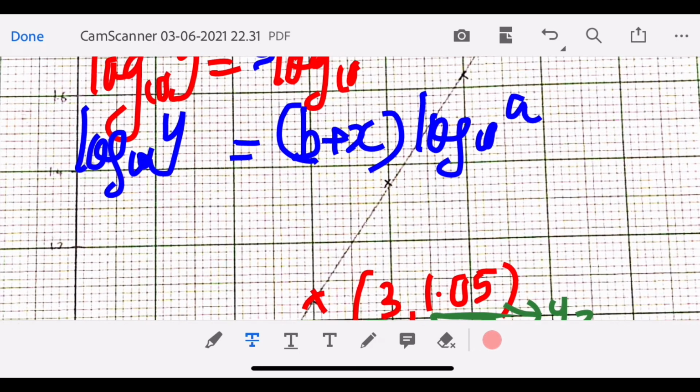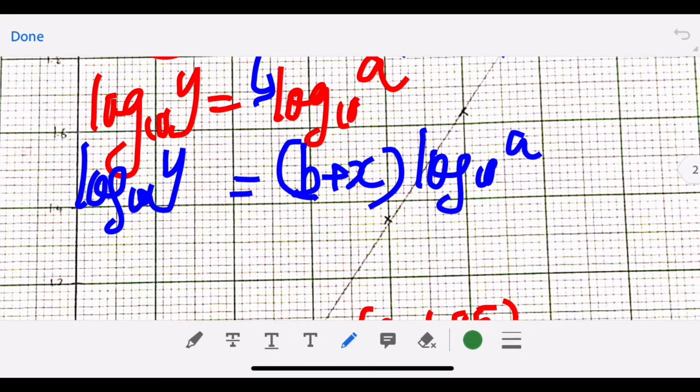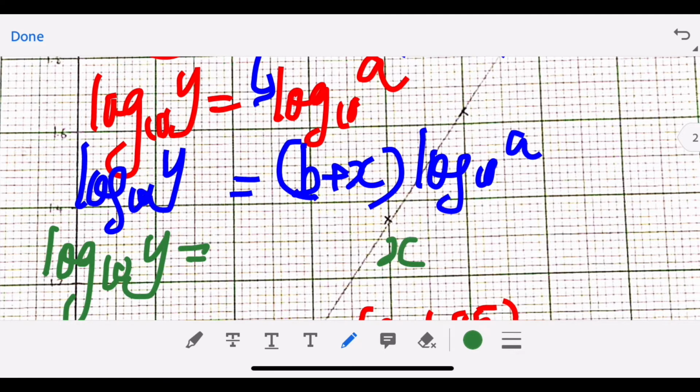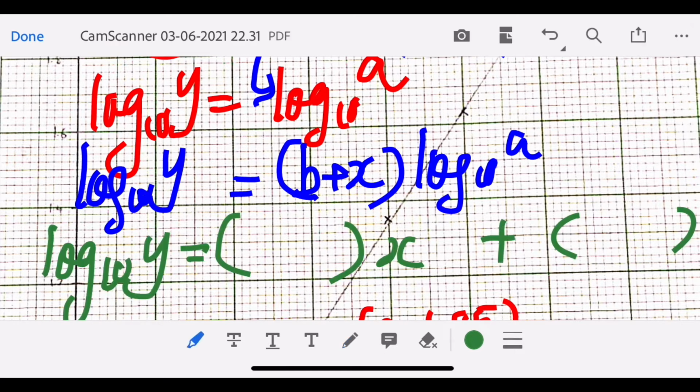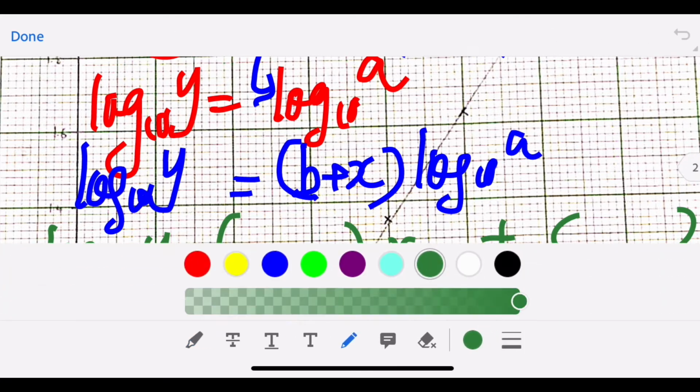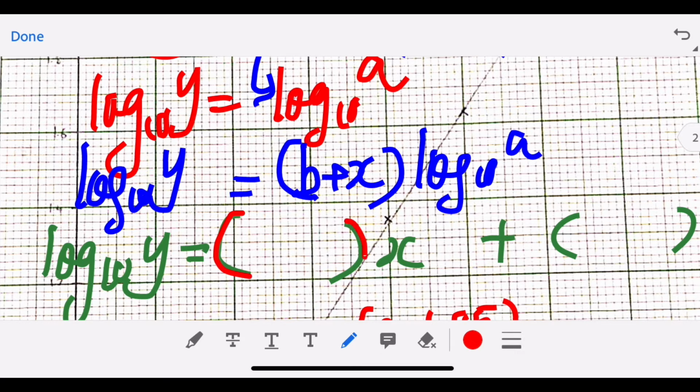So we have to rearrange the equation so that we get big Y equal to something times x plus something constant. You must understand that these two are constant, and these two are the gradient and the intercept.